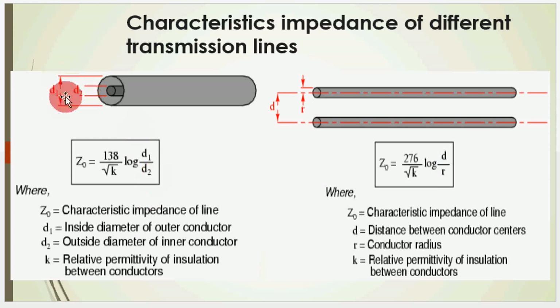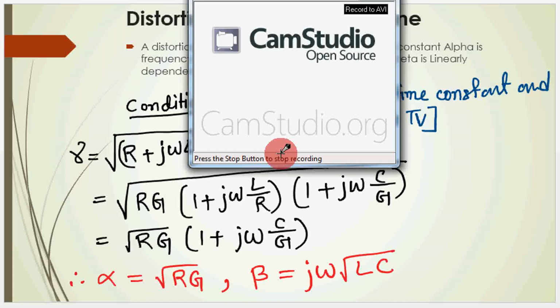See here, D1 by D2, and here capital D by small r. For coaxial cable we have taken two diameters, and in the parallel wire transmission line we have taken one diameter, or rather this is not diameter, this is the distance between those two lines, and the radius r, and the distance is d with respect to the center of the conductor.